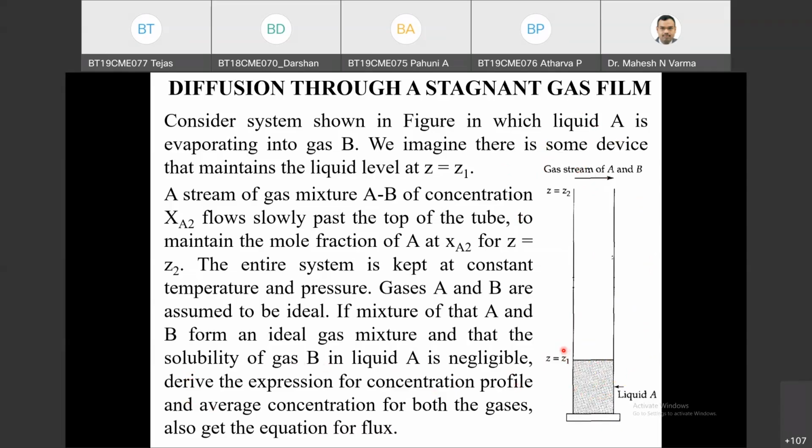Secondly, we are assuming that there is no change in level Z1. Even though liquid is evaporating, there is some mechanism by which we continuously supply liquid to maintain this interface at Z1 only. Continuous evaporation would bring the level down, but we are supplying the liquid also.